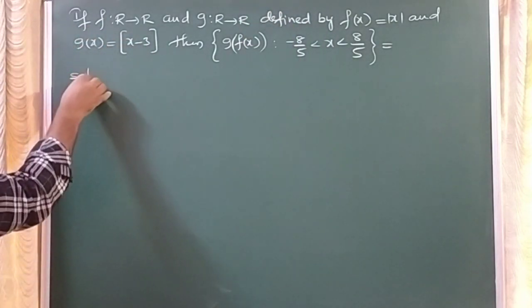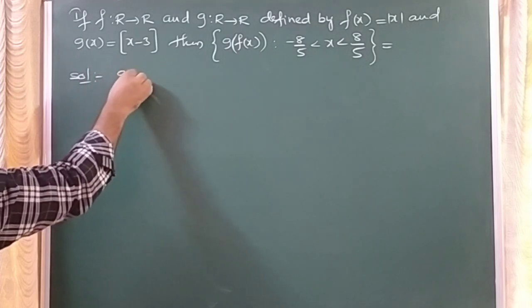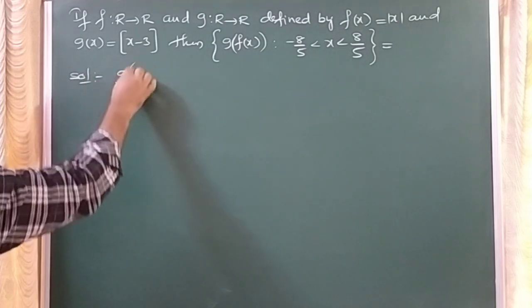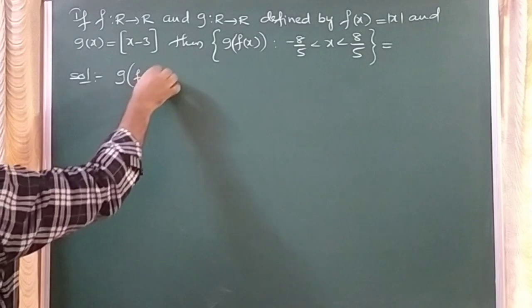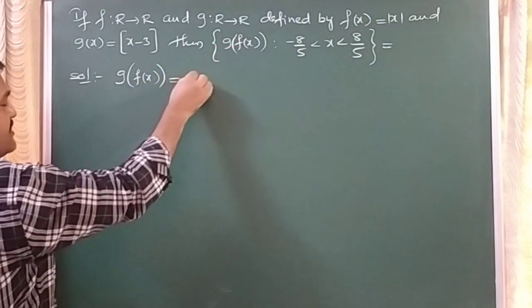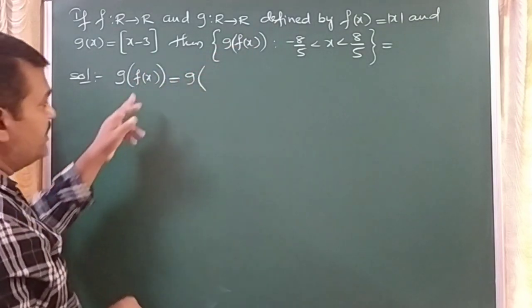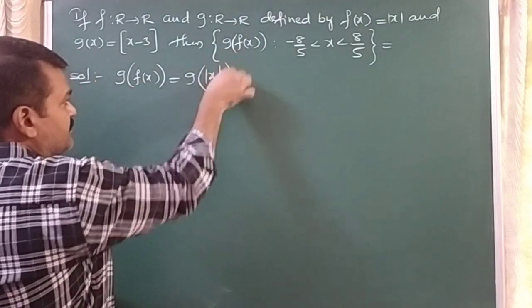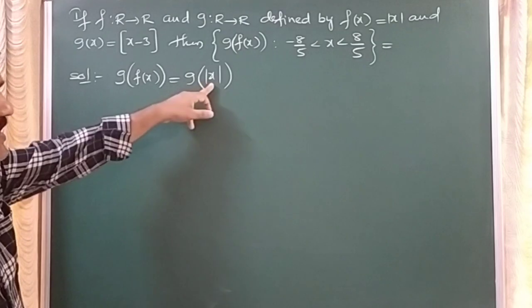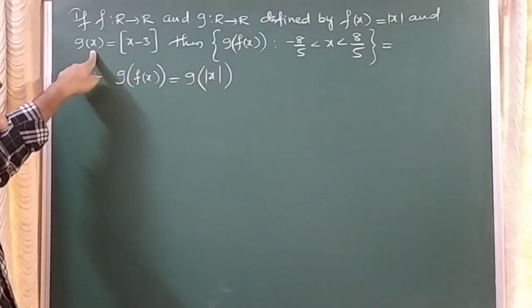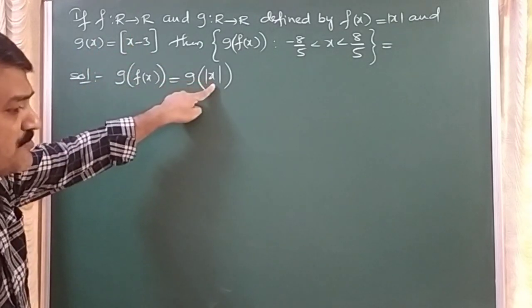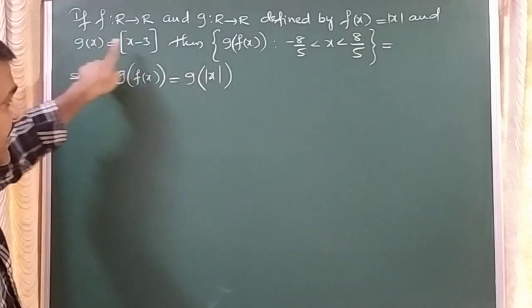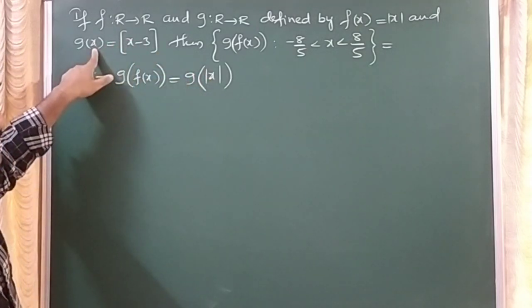So you want the g of f of x, no? So let us first find g of f of x. g of, what is f of x? Mod x. Now g of mod x, see, g of x we have here. g of mod x means simply replace x with mod x here.